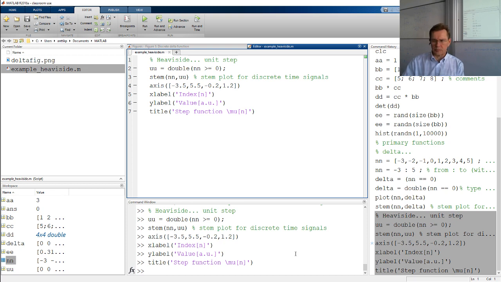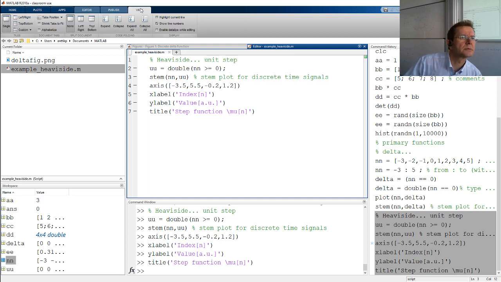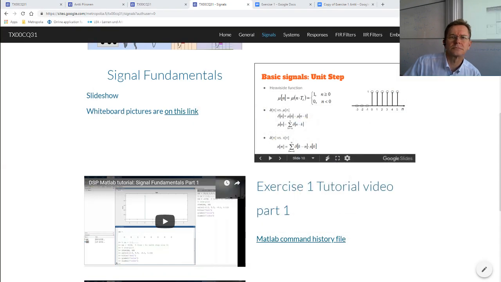And where's the window? Where did it go? Where's the figure? What's happened to my figure?